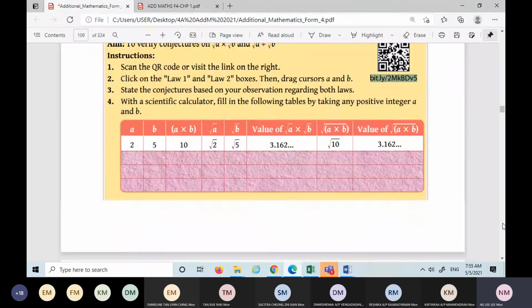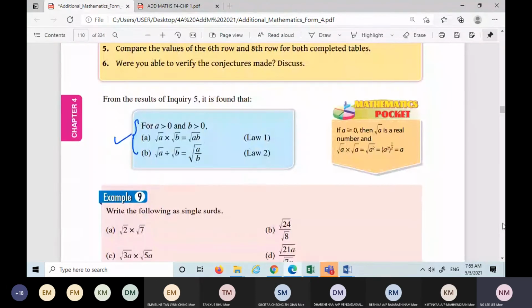One more thing I want you to write down in your notes: square root of A times square root of A, then you get square root of A squared. The square and the square root you can cancel off, so you get A. This is the third one, 1, 2, the third one you need to copy in your notes.